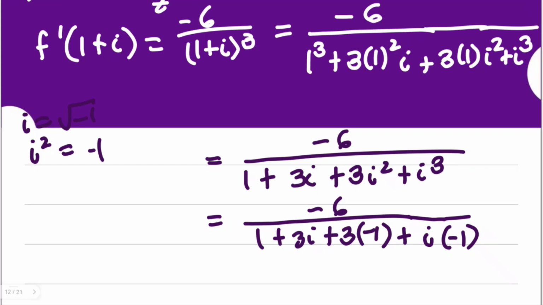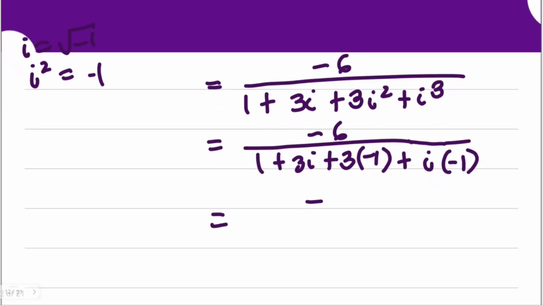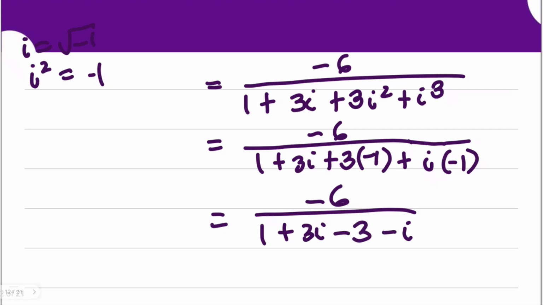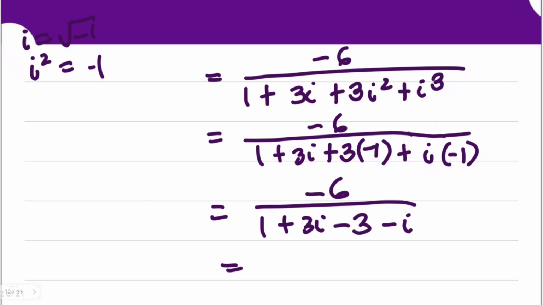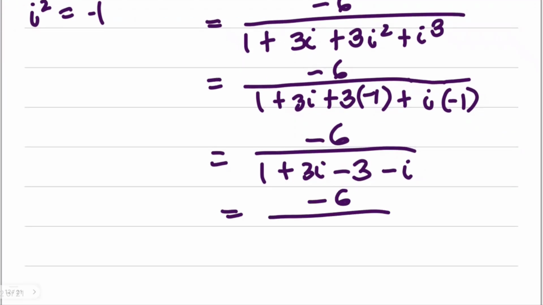Hopefully you understand why we're doing this, because we can still simplify the denominator. So you have negative 6 over 1 plus 3i, minus 3 and minus i, which gives negative 6 over negative 2 plus 2i, since 1 minus 3 is negative 2, and 3i minus i is positive 2i.